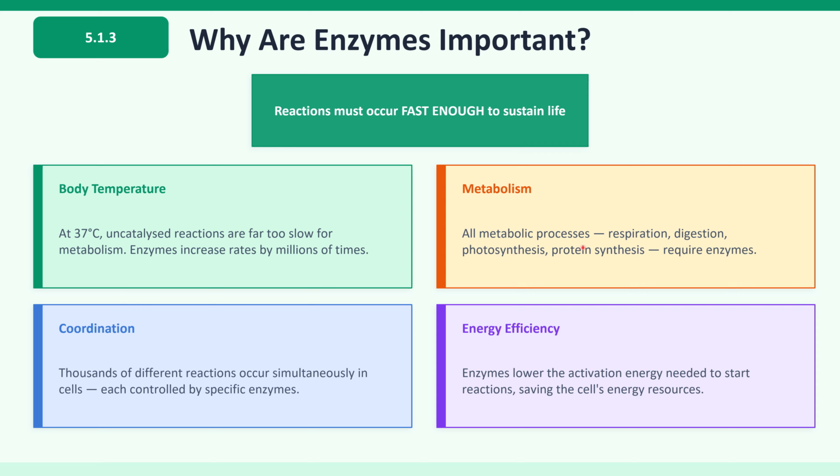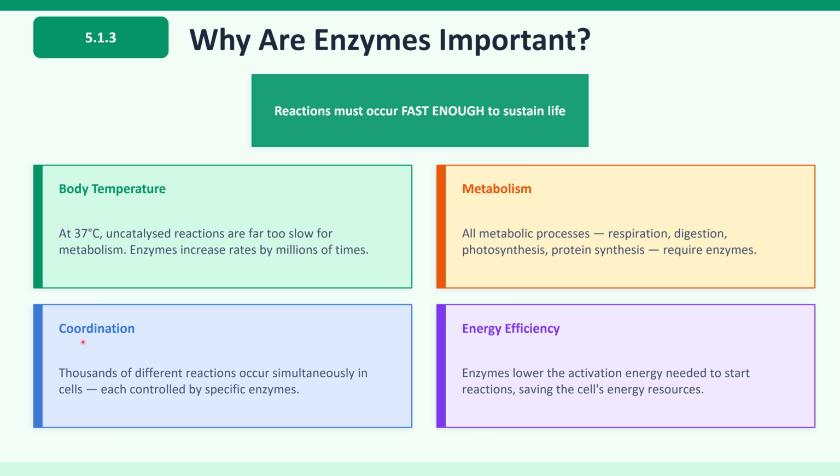All metabolic processes, respiration, digestion, photosynthesis, protein synthesis require enzymes. Every single process, from respiration, releasing energy, and digestion, breaking down food, to photosynthesis in plants and protein synthesis in our muscles requires enzymes. Without them, metabolism just stops.